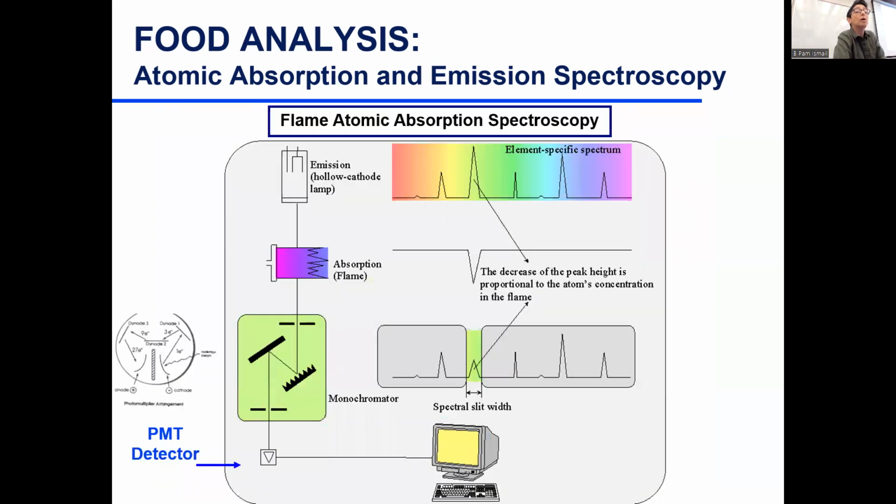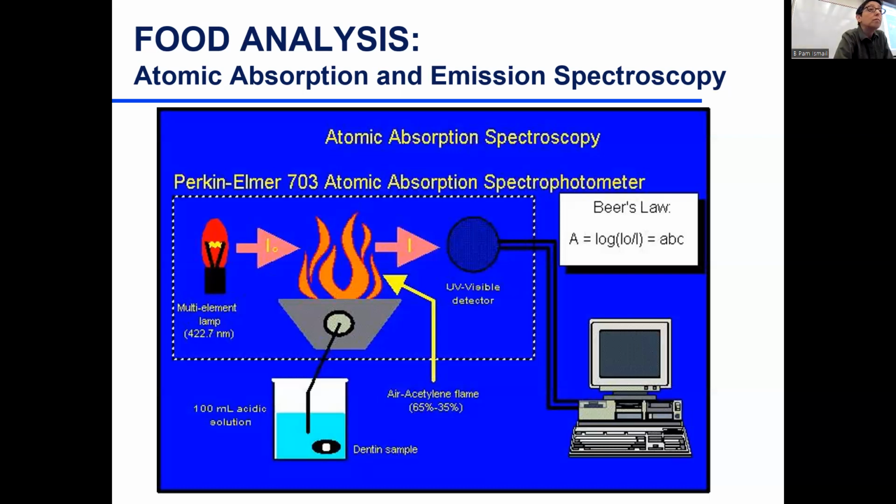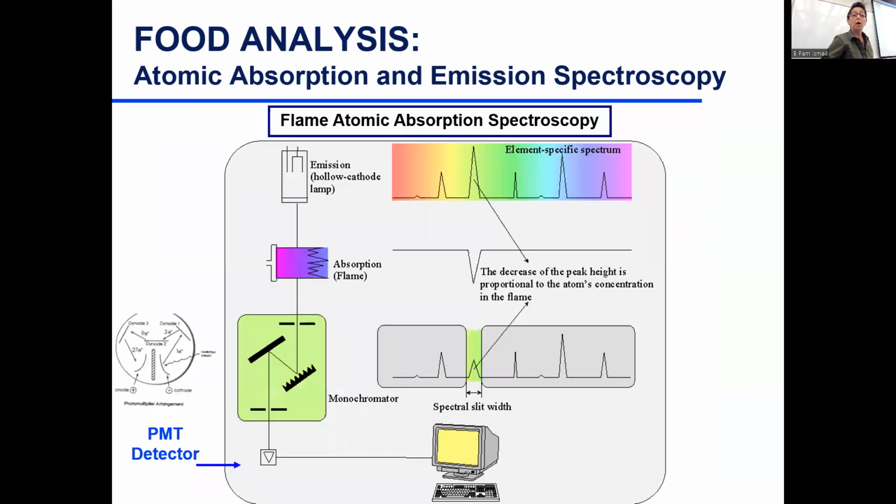Pam, is this okay? So we're only using a monochromator on the detector side because our hollow cathodes are already emitting a kind of focused wavelength? We are emitting multiple because your element can absorb at multiple wavelengths. Yeah. But then you select for the lambda max.